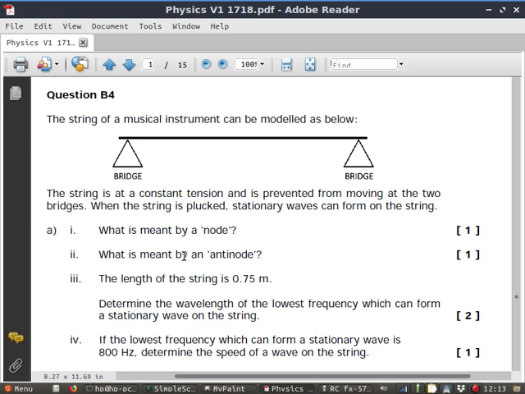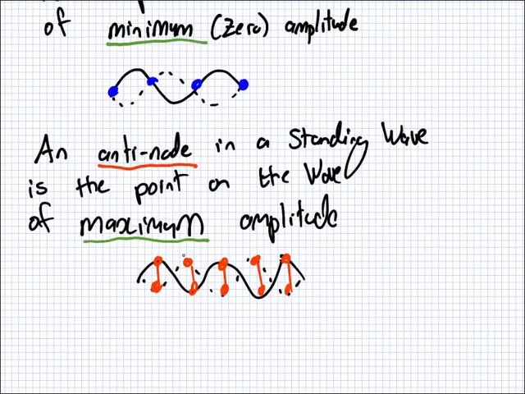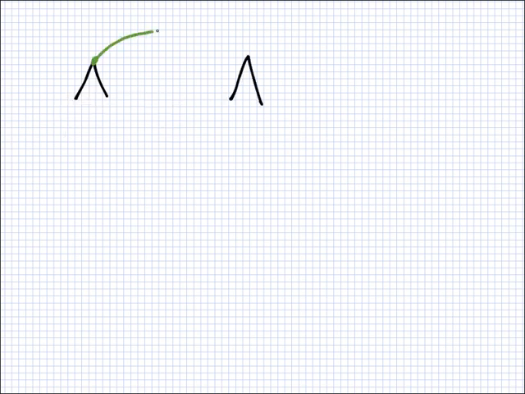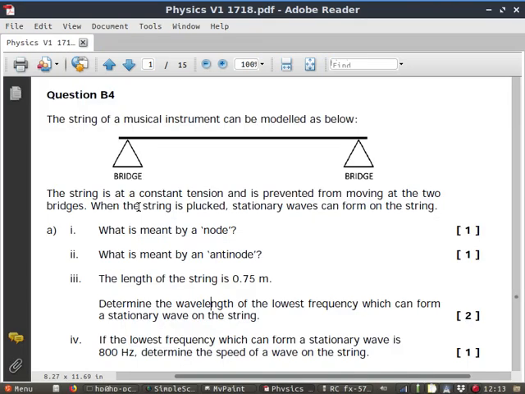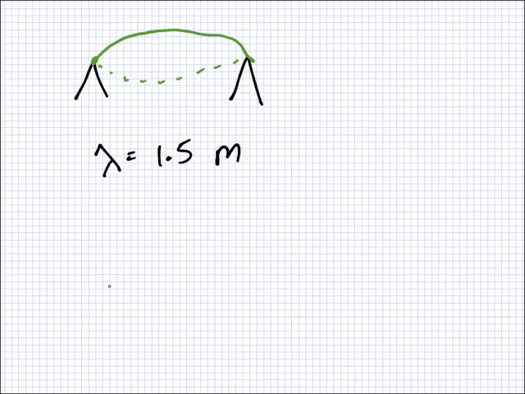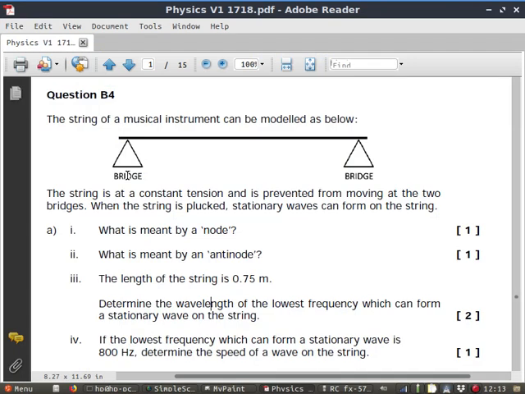What is the lowest frequency? Okay, so that is going to look like this. Bridge, bridge, and you'll have a wave like this. So that means the wavelength would be 1.5 meters. Oh, that's it. This 1.5. Yeah. Lambda equal to D. Yeah, that's why. That's all.